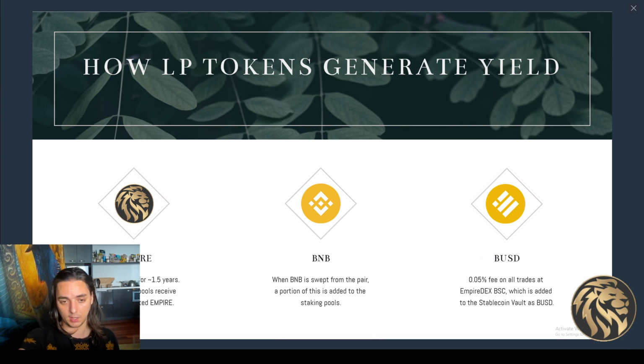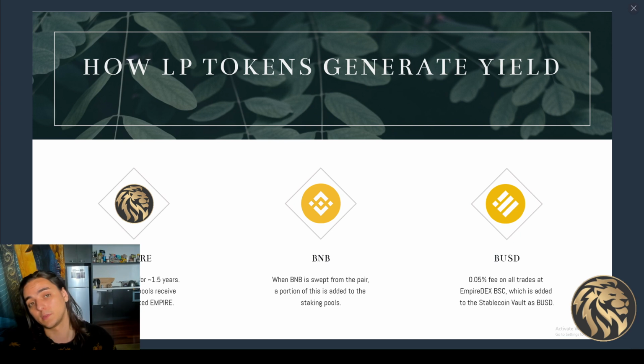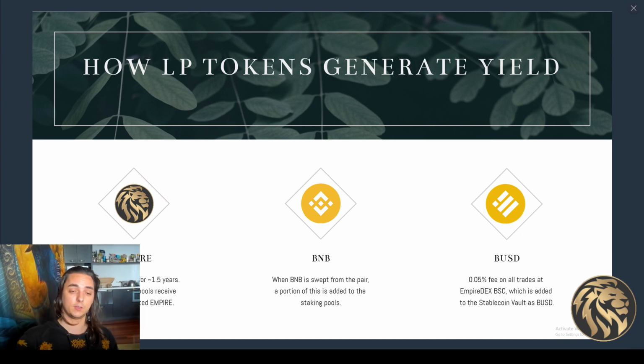Firstly, we have staking pools. They run for 1.5 years after the DEX is deployed, and these are allocating around a quarter of our supply over 1.5 years. We have various staking pools to encourage liquidity on various trading pairs, but we allocate the largest by far to the Empire BNB LP holders.